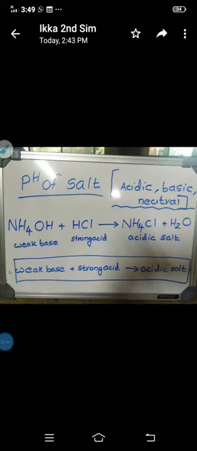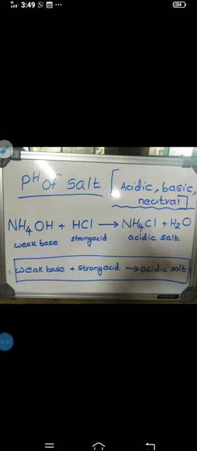Now, next example. NH4OH when combines with HCl, the product formed is NH4Cl plus H2O. NH4OH is a weak base and HCl is a strong acid.